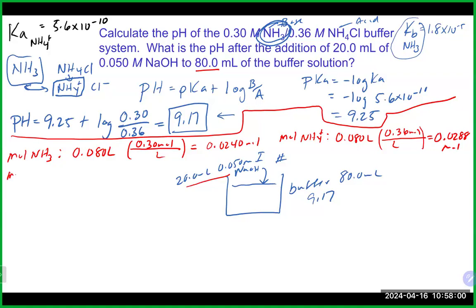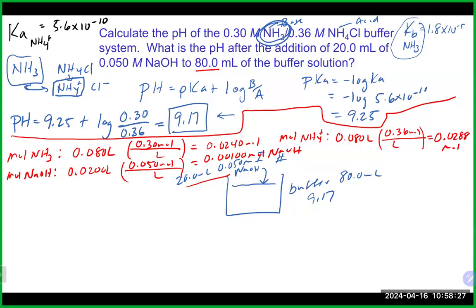So the moles of sodium hydroxide will be, we're adding 20 milliliters of this, 0.02 liters times the molarity of our sodium hydroxide, 0.05 moles per liter. That's going to give us 0.02 times 0.05, 0.001 moles of sodium hydroxide.